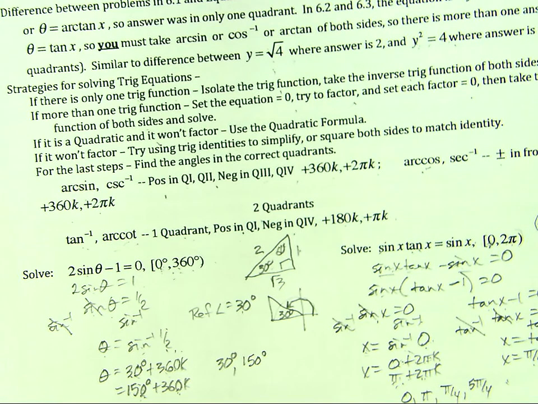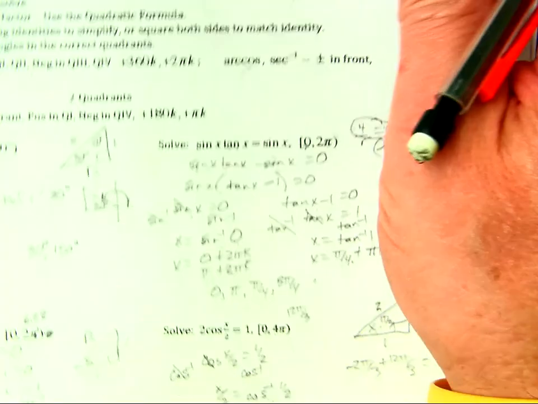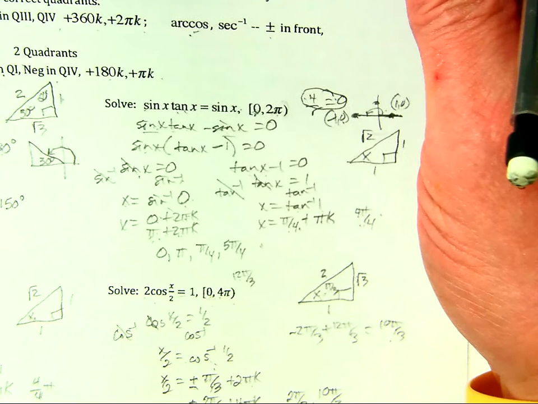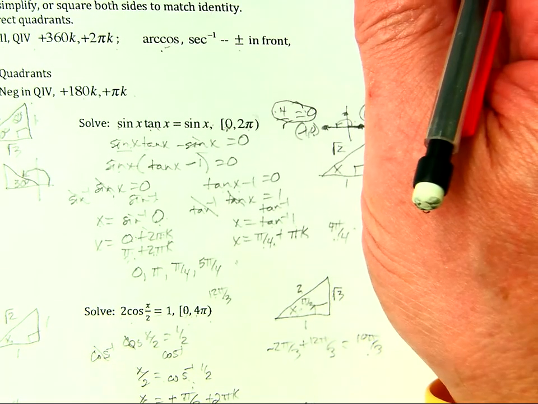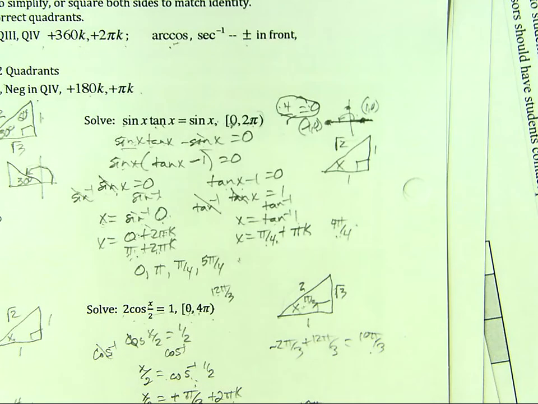If you can factor it, if the angles don't match, try one of the identities. Remember that most of these have at least 2 answers. Most of these had 2 answers. There was one with 4, one with 8. There could be lots of answers on this. Okay, that's 6.2.